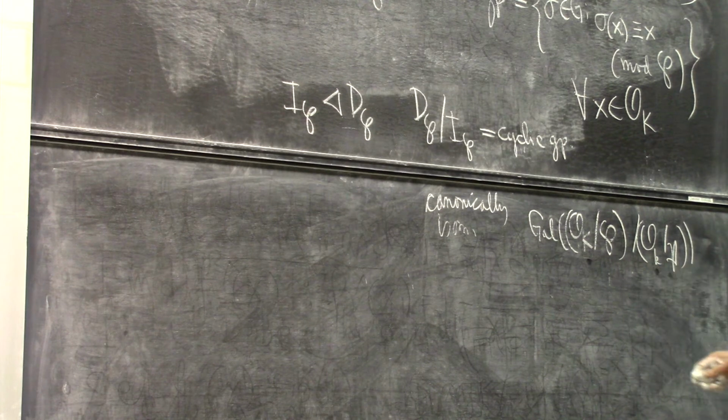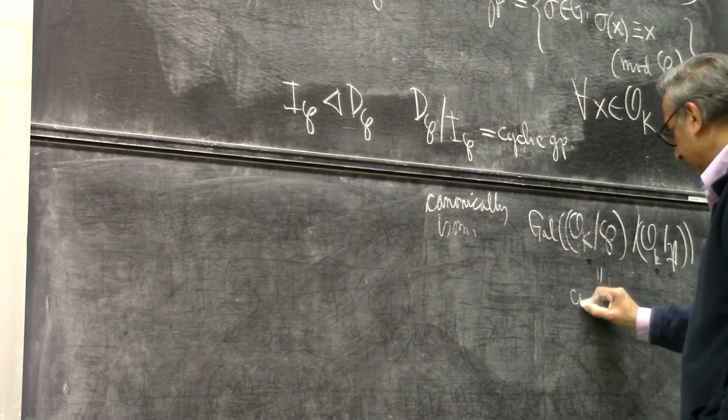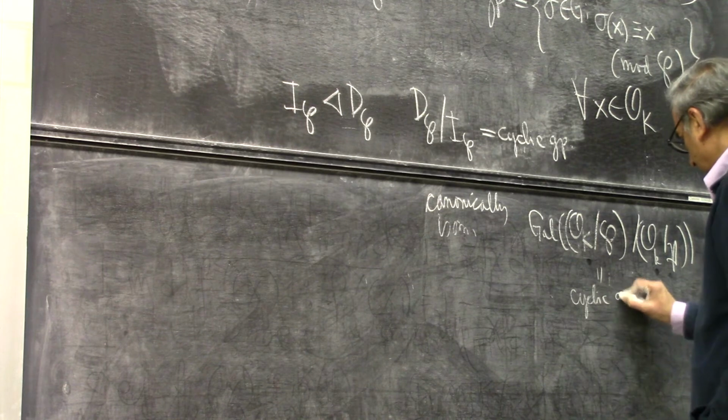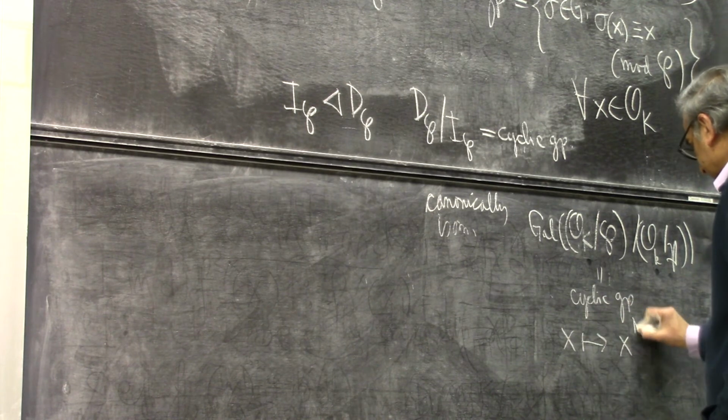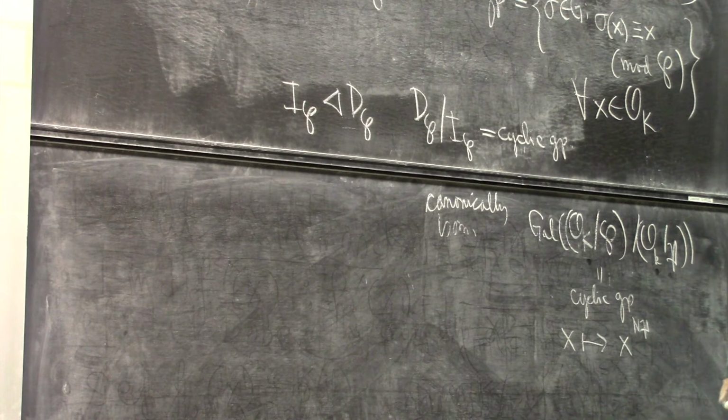And we know that this is a cyclic group generated by what's called the Frobenius map, by Weil's theorem. So x goes to x to the norm P, that's the map.